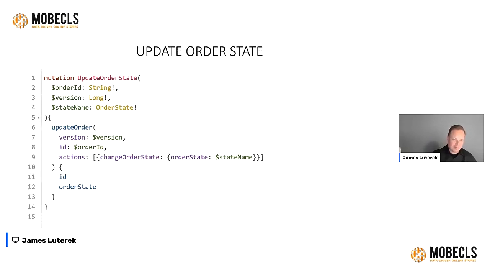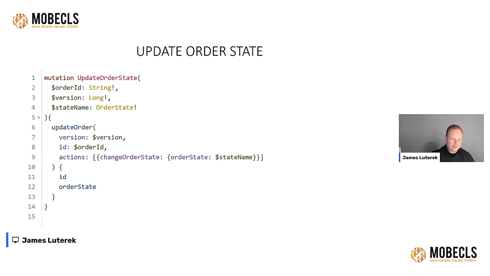So I have an example from Commerce Tools where we're updating the order state. So you can see that we have to pass in a few variables, the order ID, the new state that we want to set that order to. And in Commerce Tools, to make sure that there's no conflicts, we use versioning. So you have to pass in the current version to make sure that some other system, website, or management tool hasn't updated it while you were waiting. So you have those three variables getting passed in.